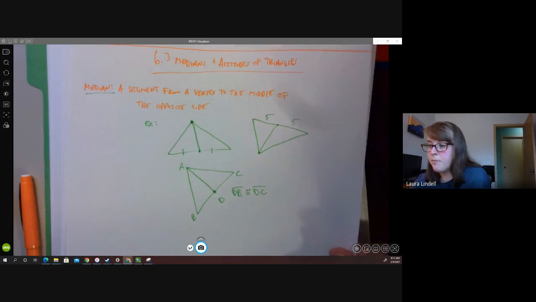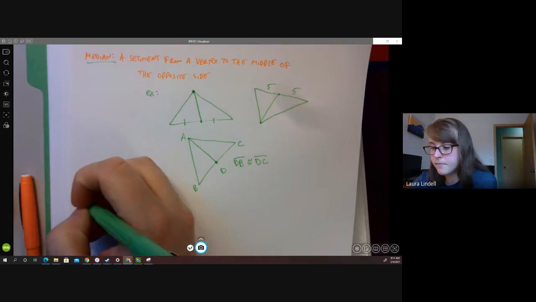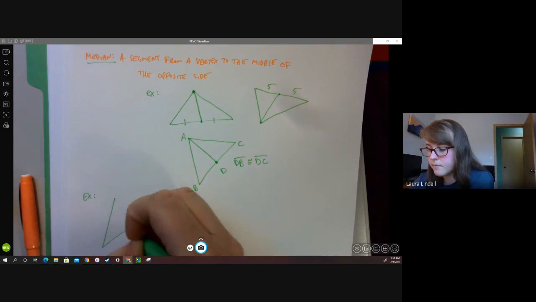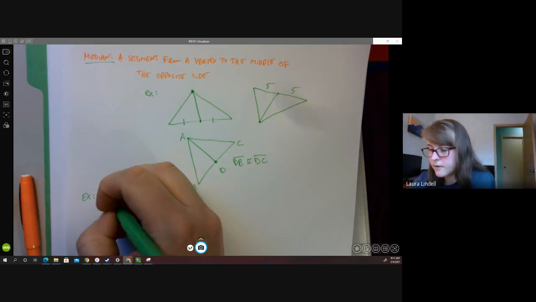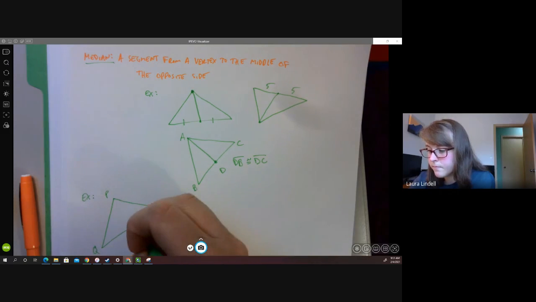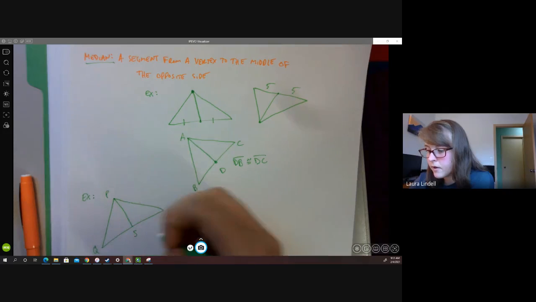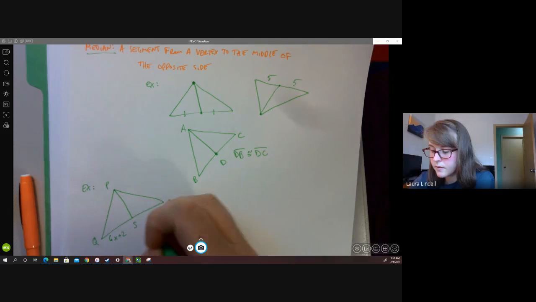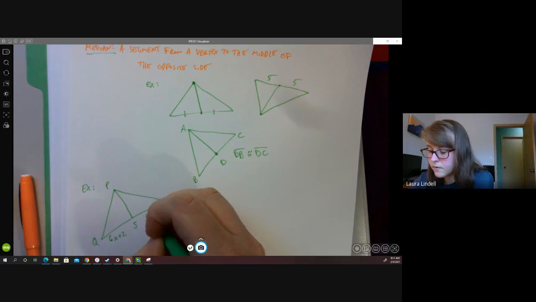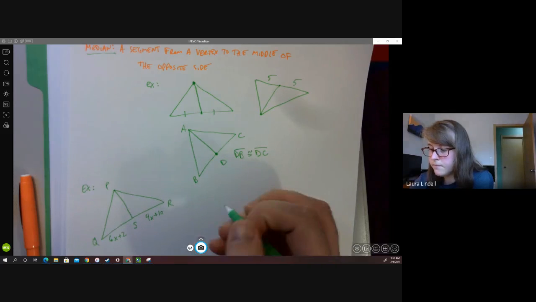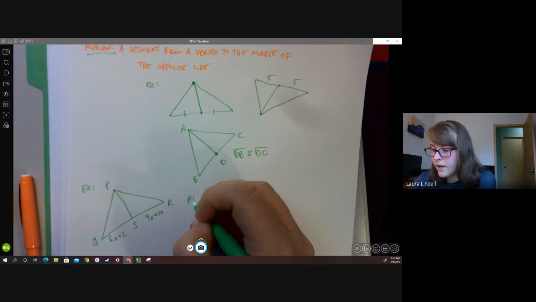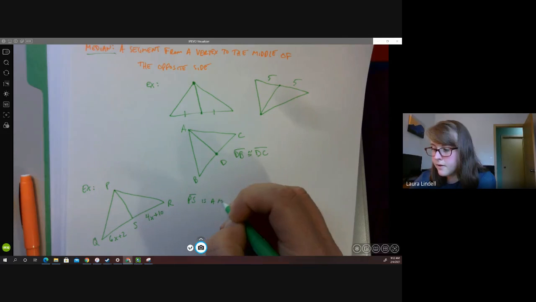And then a type of problem that we might see with a median. We might see a picture like this and be told that PS is a median.